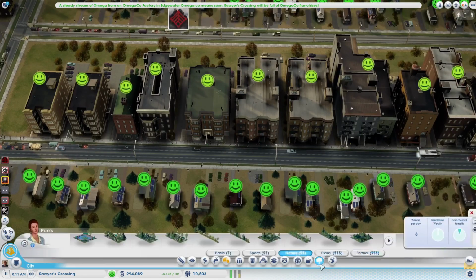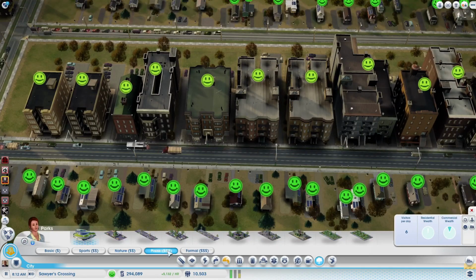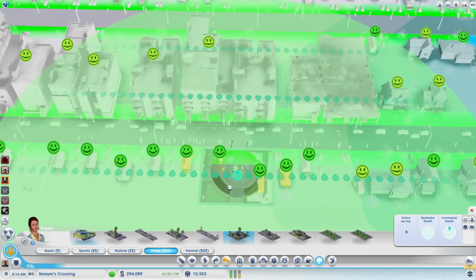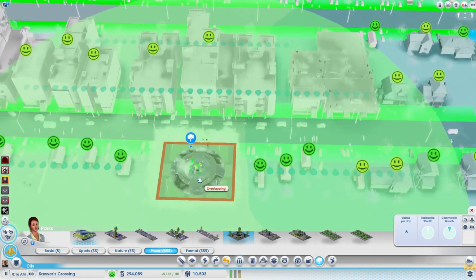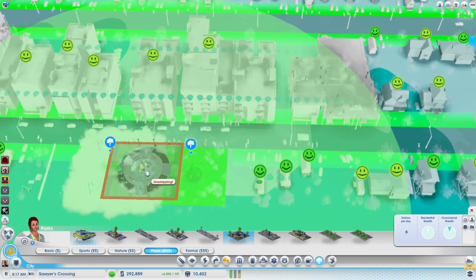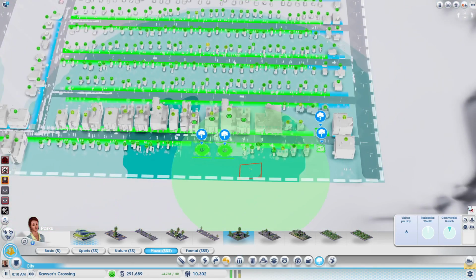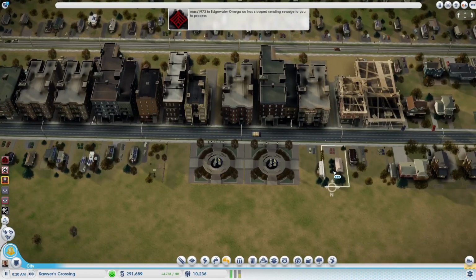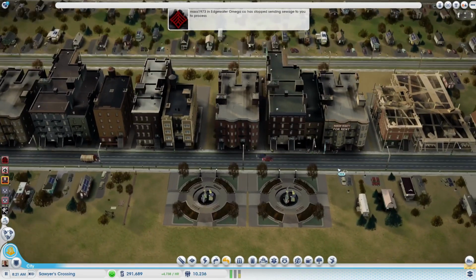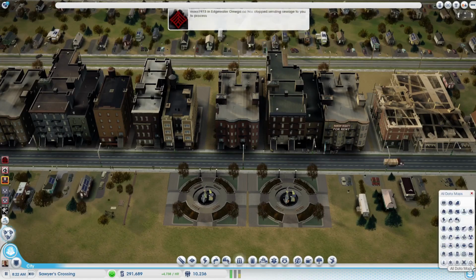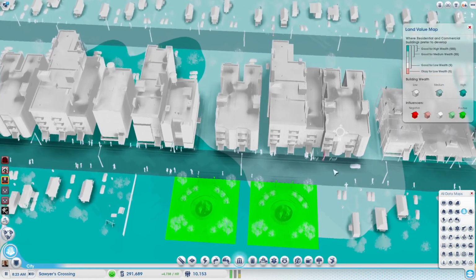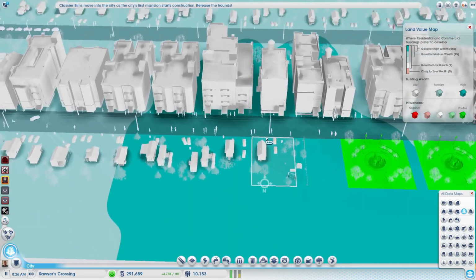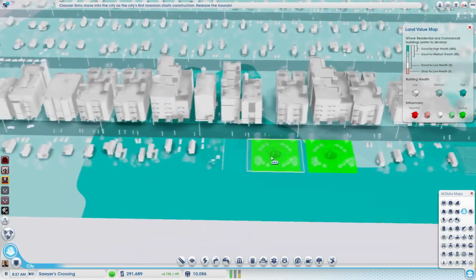Now let's talk about high land value. So now we've placed high land value parks, and everything in this darker color is going to start to represent high land value.